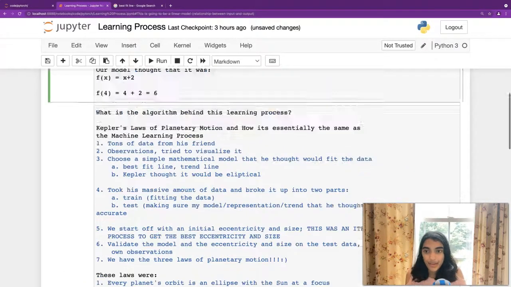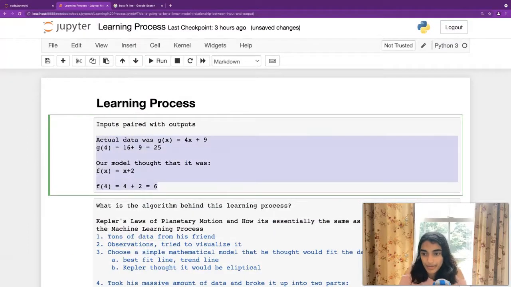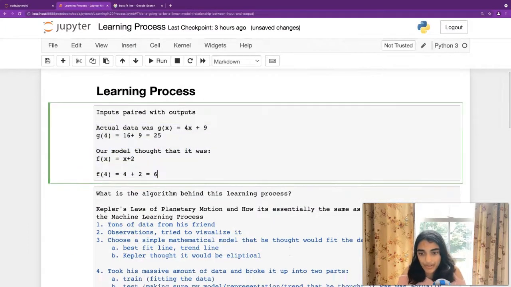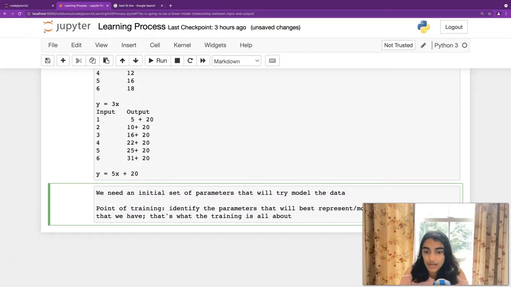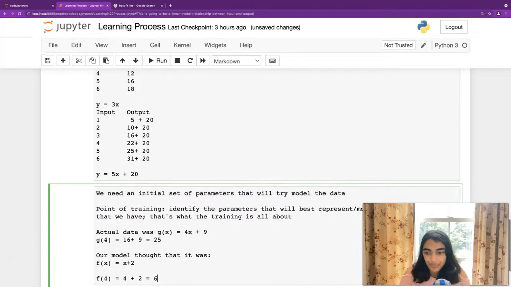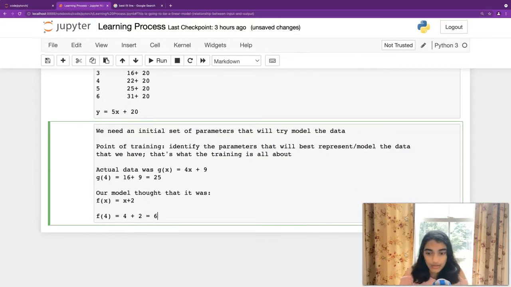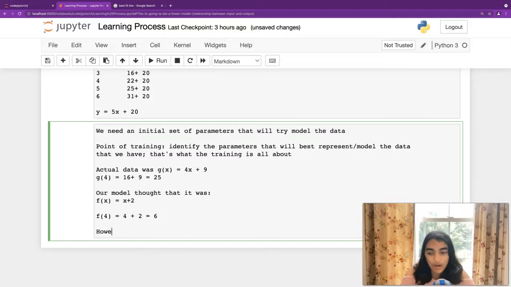Let me copy paste this at the bottom so we have that for reference. So, how do we know that we're wrong? We have a loss function to tell us that.